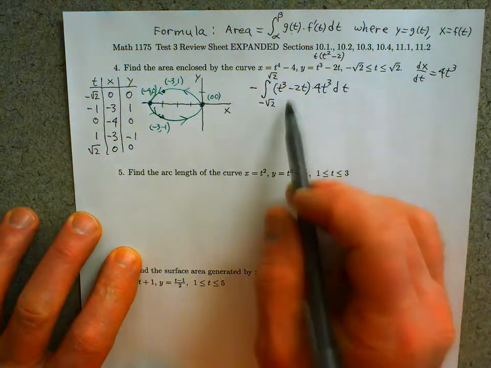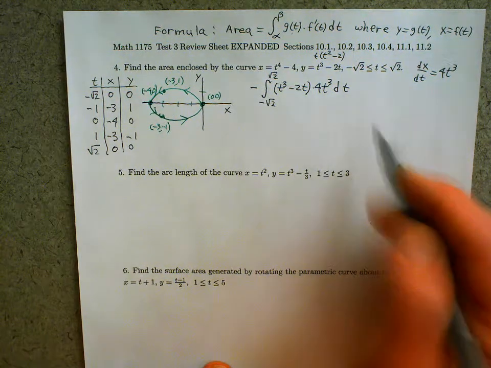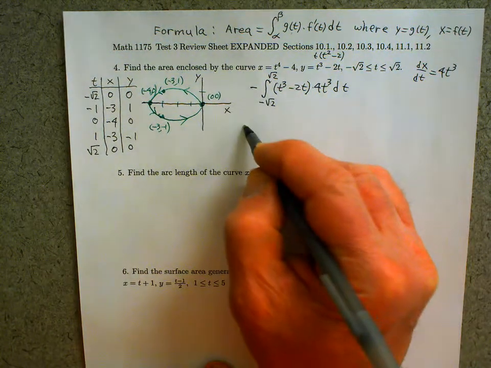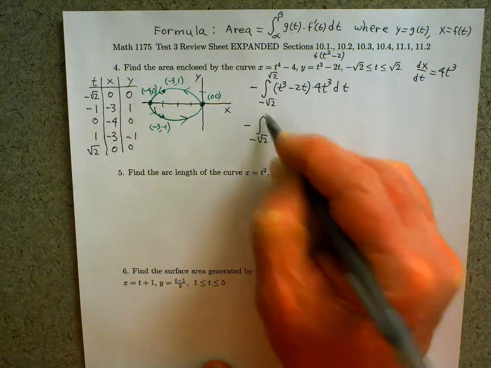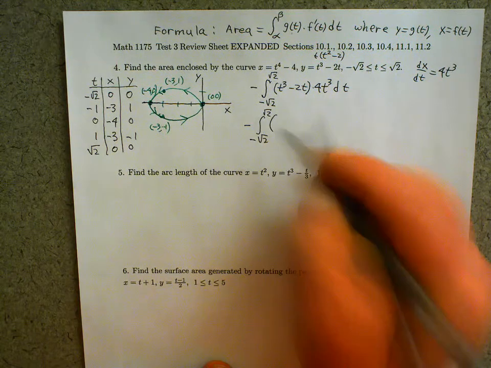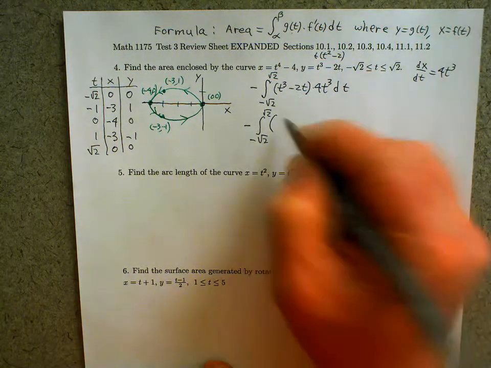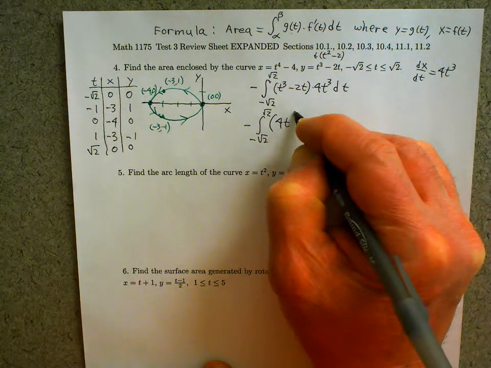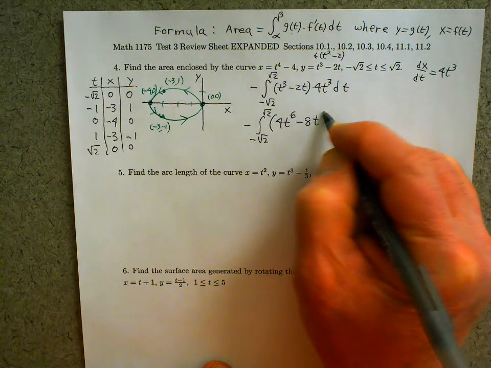I'll take this just a step or two further and leave the rest of it for you to do. So in the integrand, we just multiply the two polynomials, and we get 4t to the sixth minus 8t to the fourth dt.